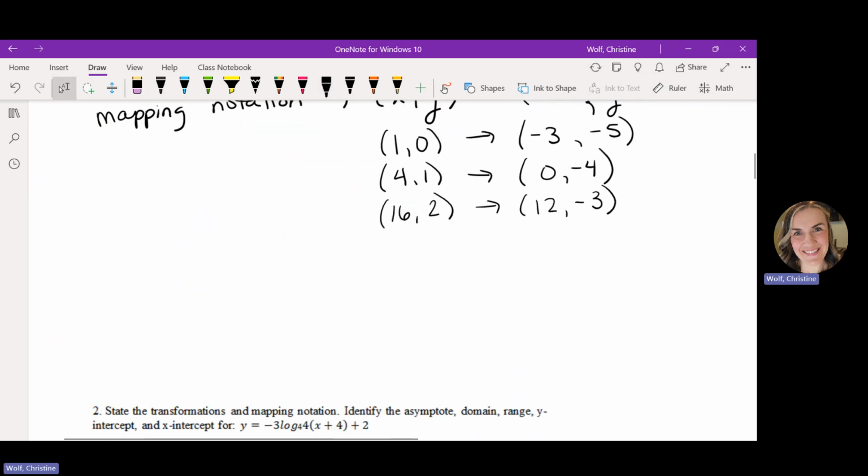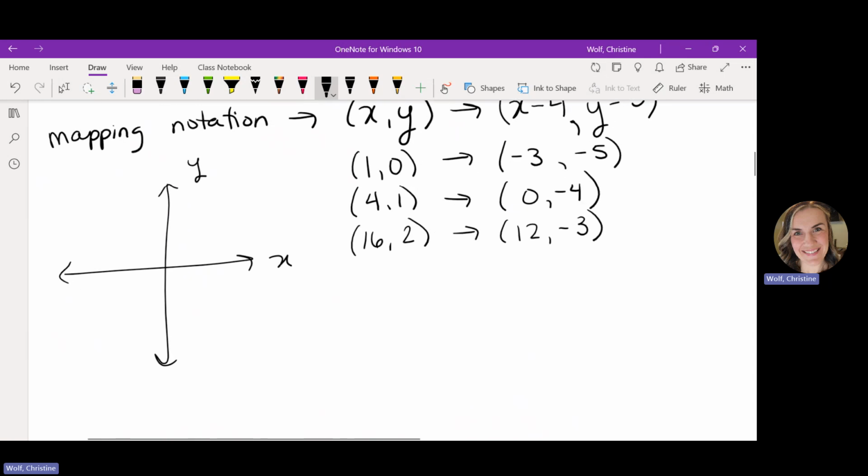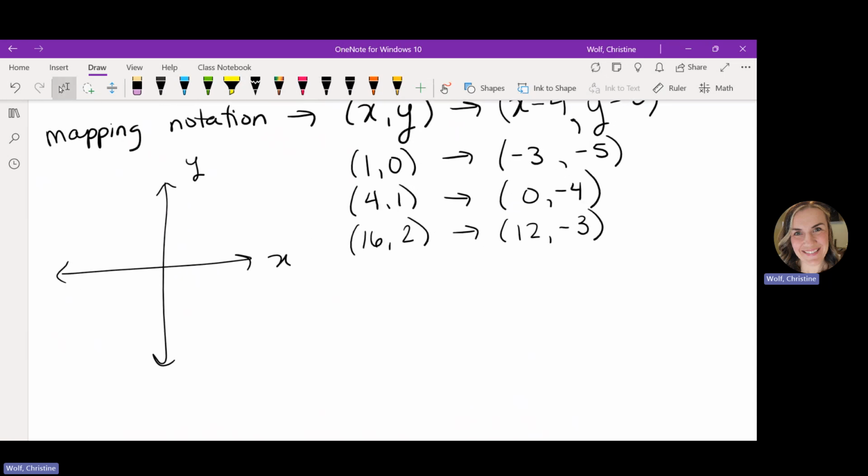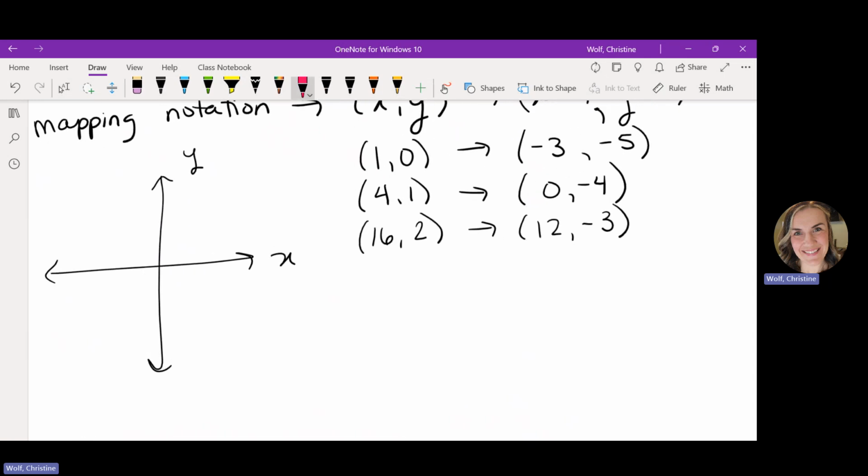So, very rough sketch. I am plotting just those 3 points. So if I take a look here, my x-axis, I have negatives and positives. I got to go all the way up to 12. Because my values are -3, 0, and 12, I'm going to jump by 3, because I know that will work easily.